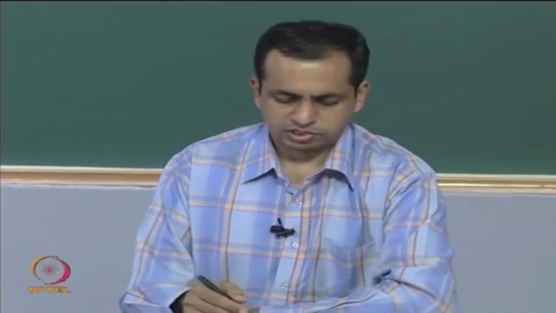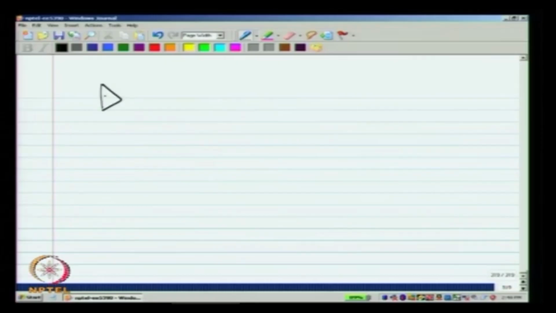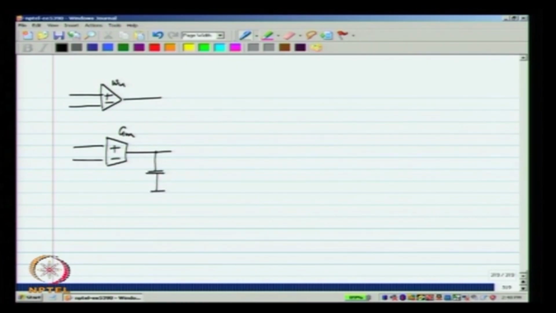Now, how did we make our single ended op amp? With a certain unity gain frequency omega u, we used a transconductance or a voltage controlled current source Gm and passed its output current through a capacitor C. Okay.